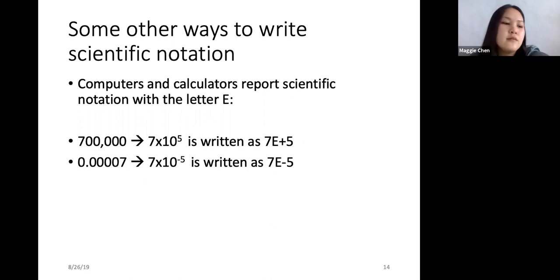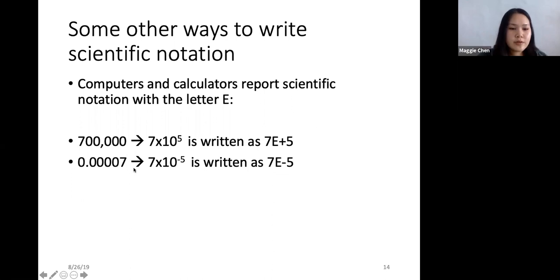If you have your scientific calculator like this, there's a function on here to get your power of E. Or if you use online calculators like Desmos, they could also indicate the 10 to the power of as a capital E. So we won't need scientific calculators for this lab, but this is just an example of where you can find this capital E.